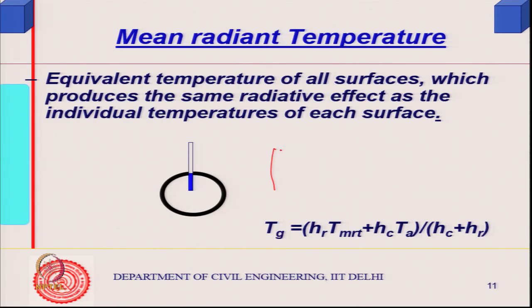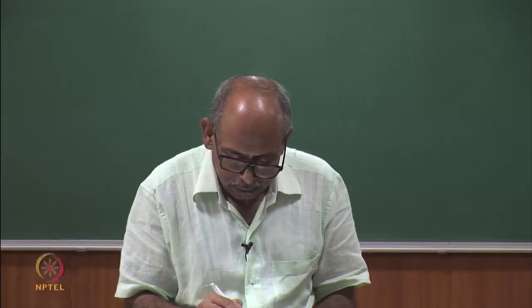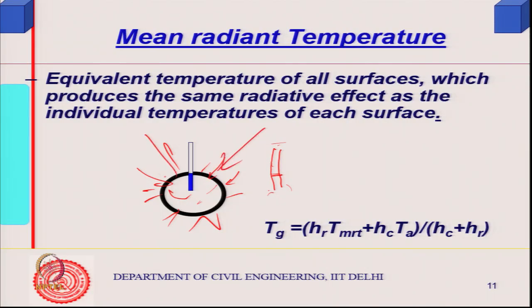We will find that this one is somewhat lower and this one is somewhat higher, because the air here will warm up, receiving all the radiation that is falling onto this globe from the surfaces all around. So, the globe thermometer temperature will be somewhat higher than the DBT, the dry bulb temperature in the room, because it will take care of the radiation that is coming in onto this blackened surface.